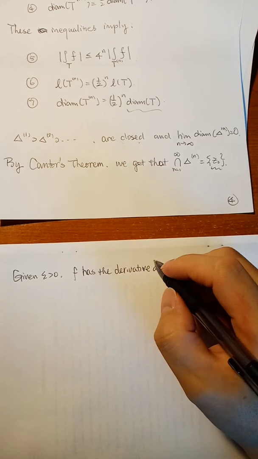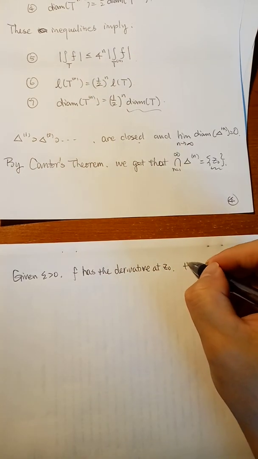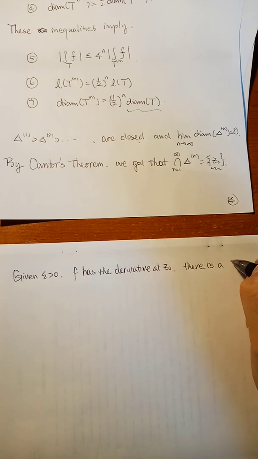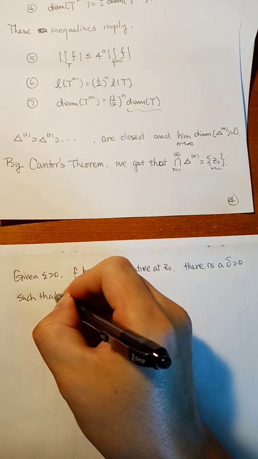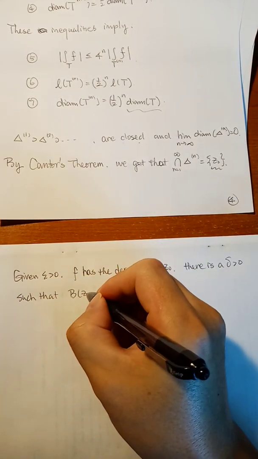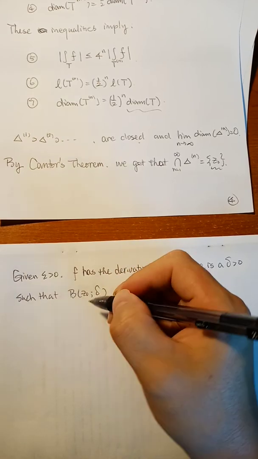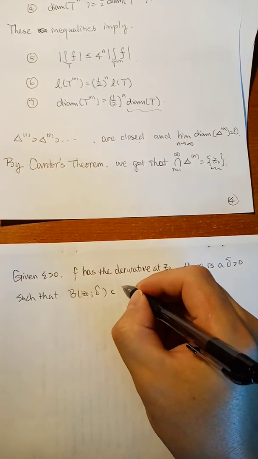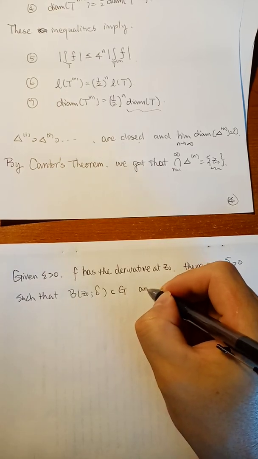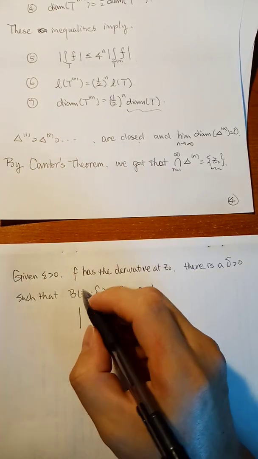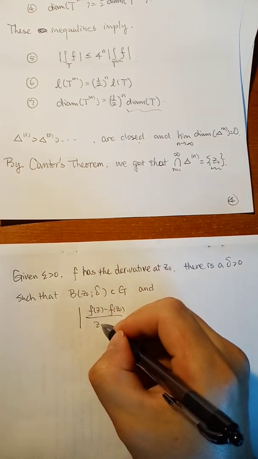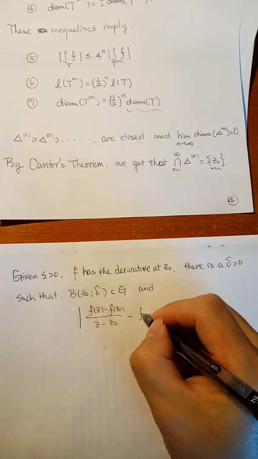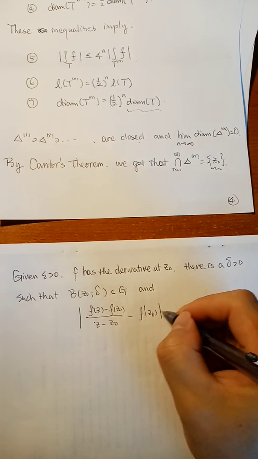So for epsilon, there is a delta greater than 0 such that for the open disk centered at z0 with radius delta inside G, the absolute value of (f(z) minus f(z0)) over (z minus z0) minus f prime of z0 is less than epsilon.